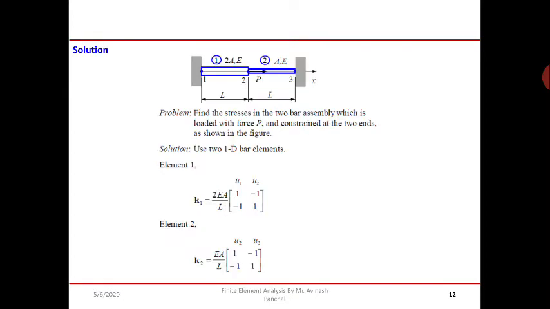Element 1 gives the values of u1 and u2, and K2 gives the values of u2 and u3. There is a common point, u2. So u2 of element 1 and u2 of element 2 will be added, because both are common. As we have three nodes, the global stiffness matrix will be a 3 by 3 matrix.